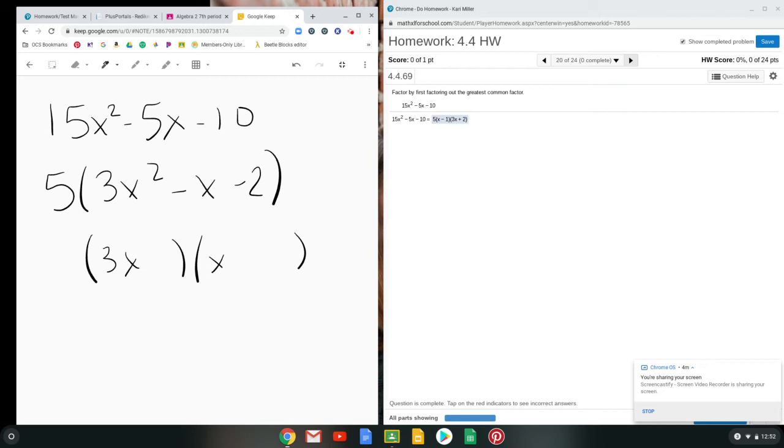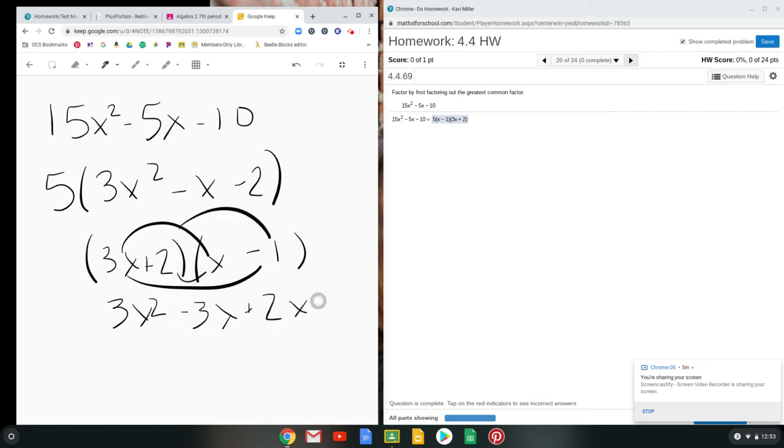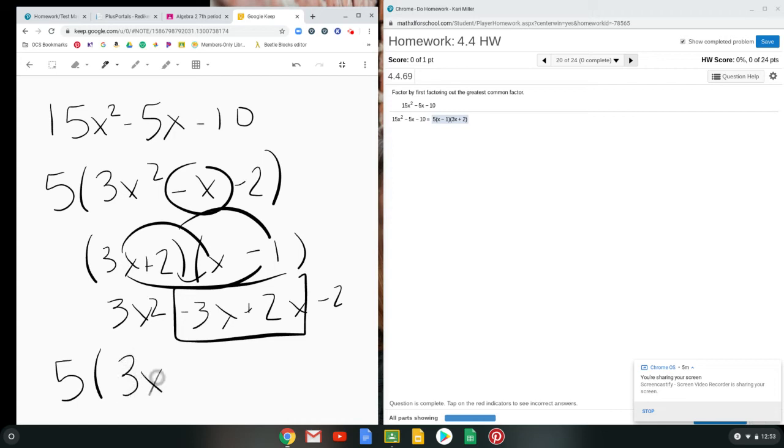The factors of -2 are 2 and 1. And I want a -1x. You can check by using FOIL. So it's 3x squared, negative 3x, plus 2x, and then minus 2. That does give me my negative 1x. So the answer is 5 times the quantity 3x plus 2, x minus 1.